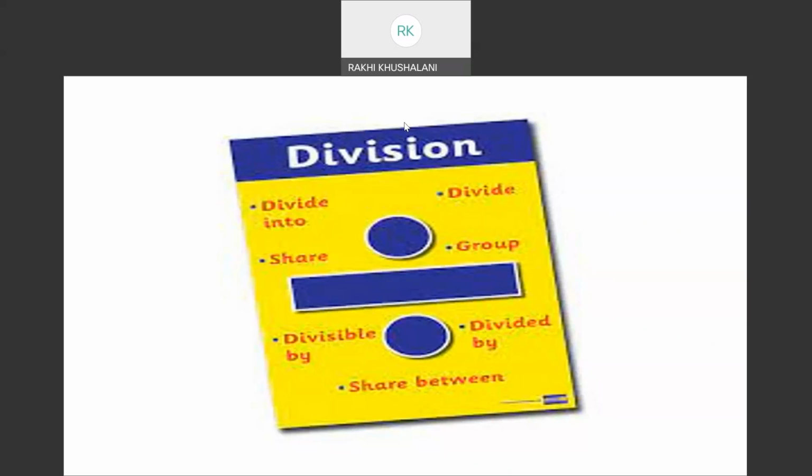So this is what the division is. Now, when I say breaking up, distributing, whenever such terms come into equal distribution, equal group, that time we use division. That means that is repetitive subtraction.